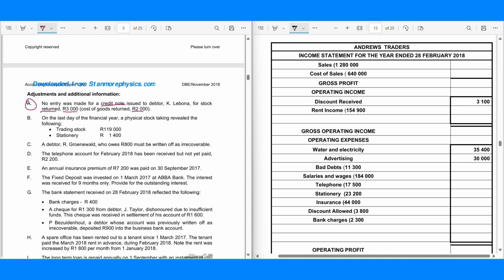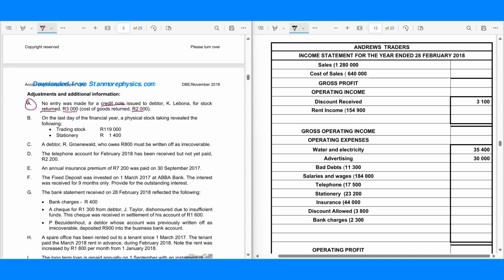So I need to ask you a question, Bali. What is a credit note? What did Prof teach you about a credit note? You are correct, but you are not specific. Be specific, my guru. Okay, repeat what you said there.